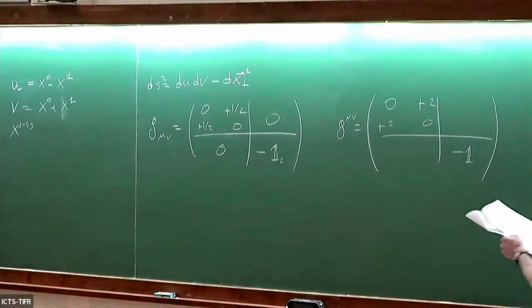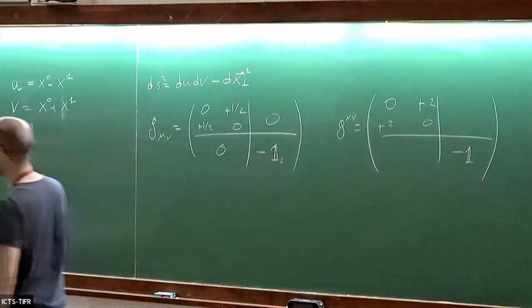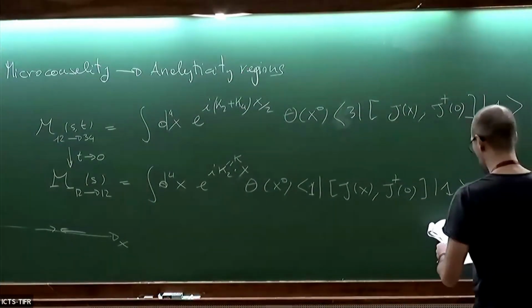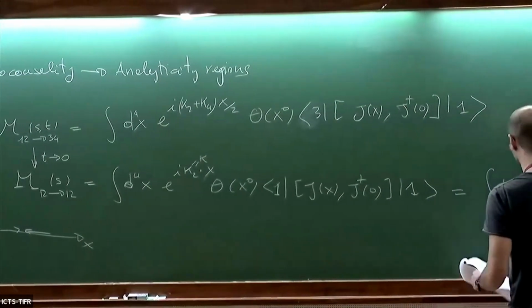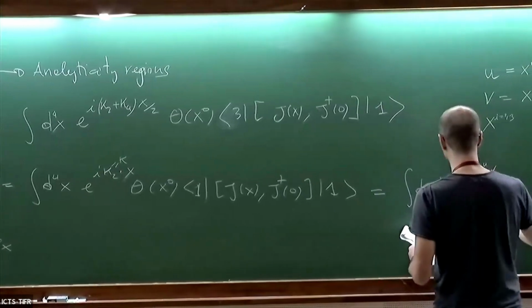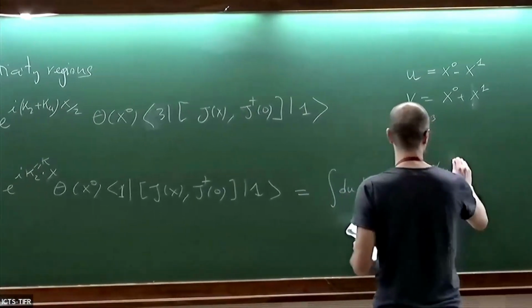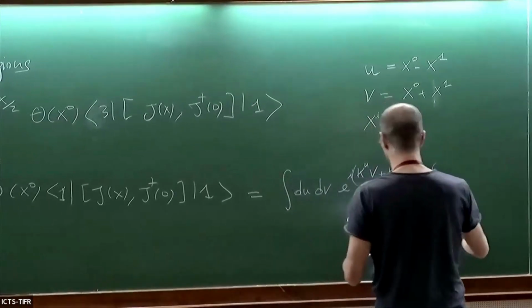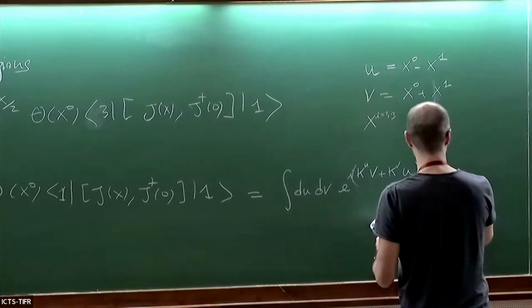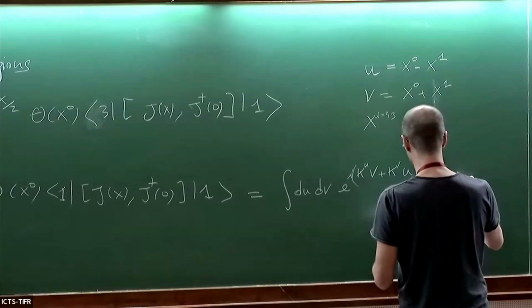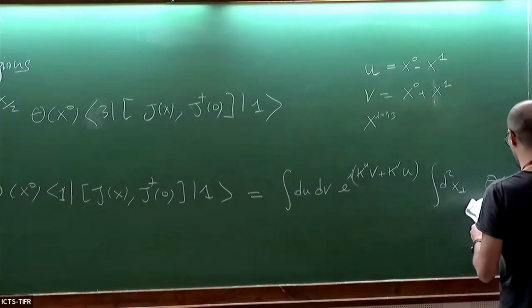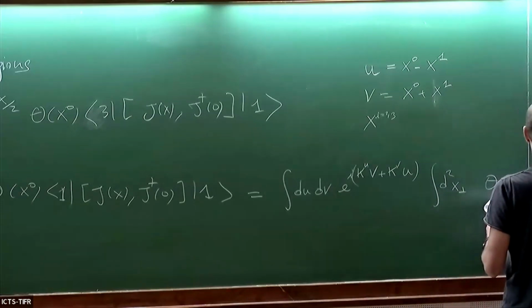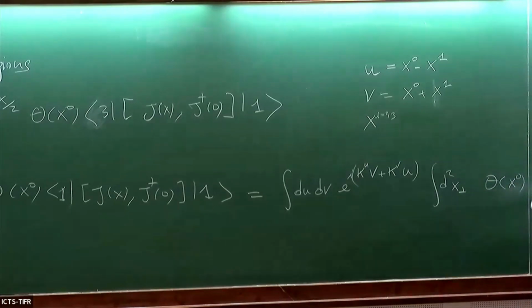So in this basis, the forward amplitude takes this convenient form: the integral of du dv e to the i (k_u v + k_v u), times the integral over the transverse directions d2x perpendicular of theta(x0) times the commutator of j(x) and j dagger(0).